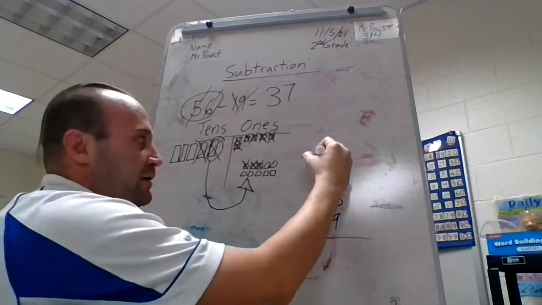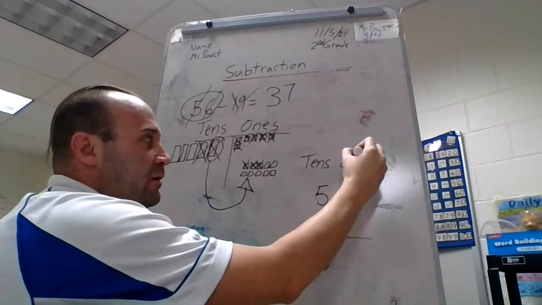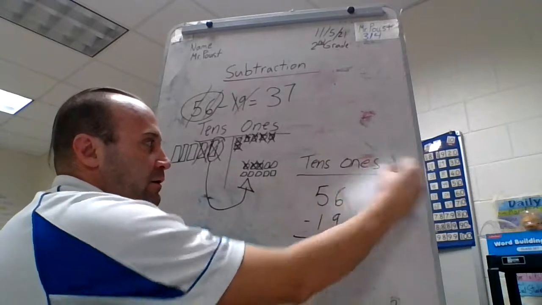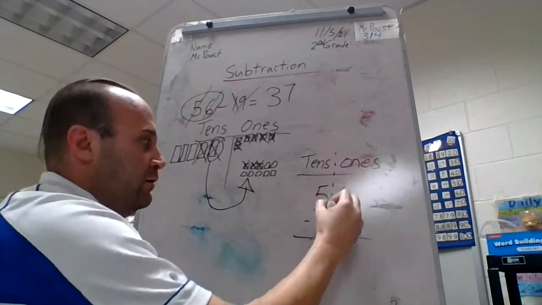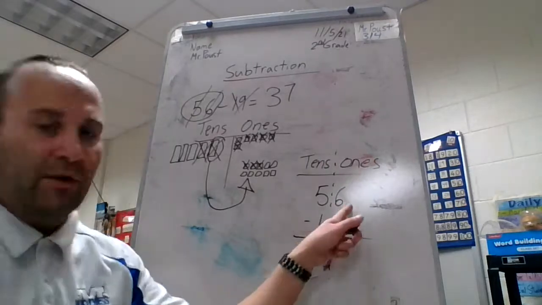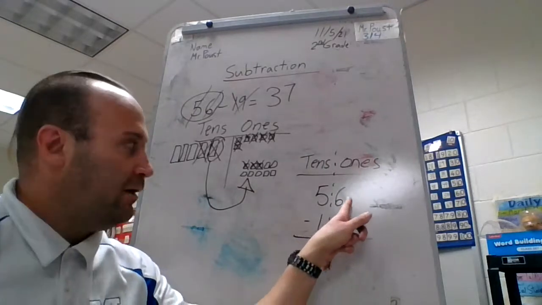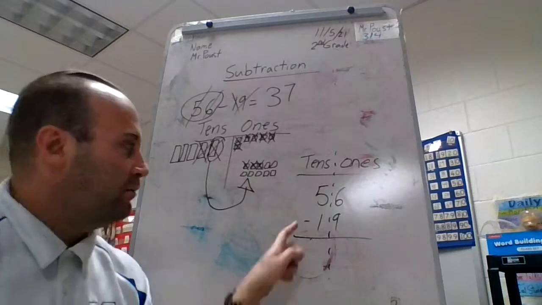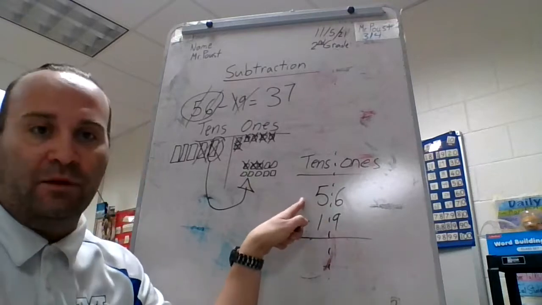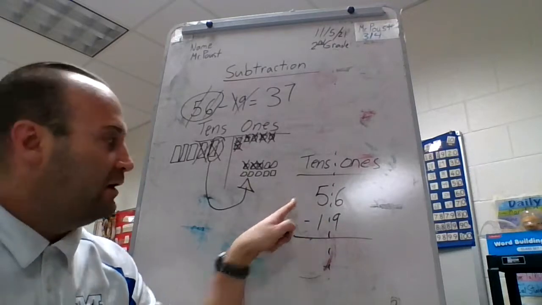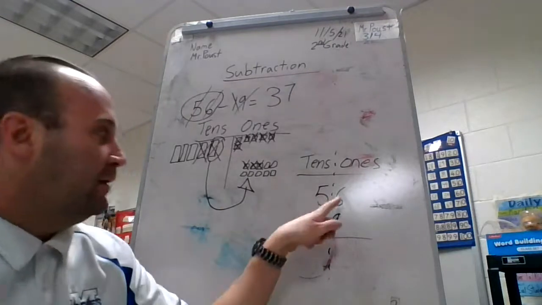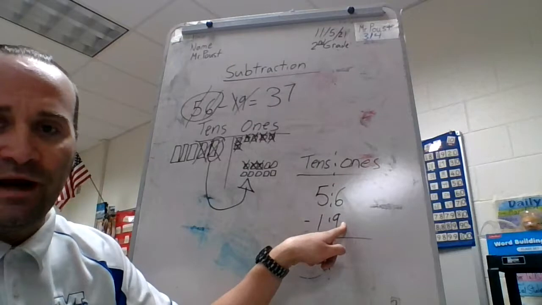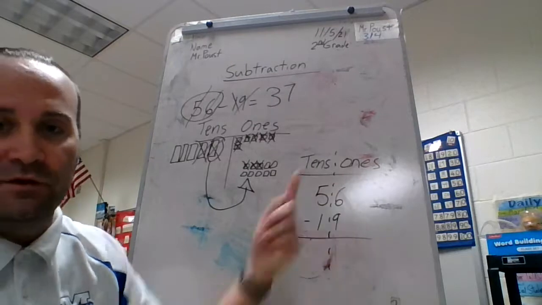So we have a tens place and a ones place, right? And so I'm going to put a dotted line so I know how it's separated. And we ran into the same problem. Do you see how we're trying to subtract? Think about the top number like money you have, $56, and you want to buy something that's worth $19. You don't have enough, because if it's worth $9 and you have $6, you can't pay for it.